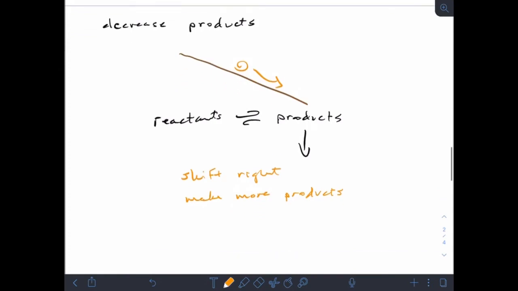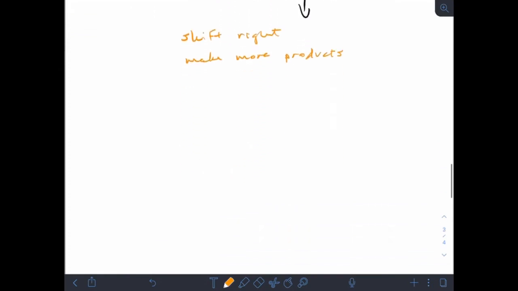Now, heat can be a factor in shifting equilibrium. So let's say, instead of just saying reactants and products, let's put an actual reaction on the board here.